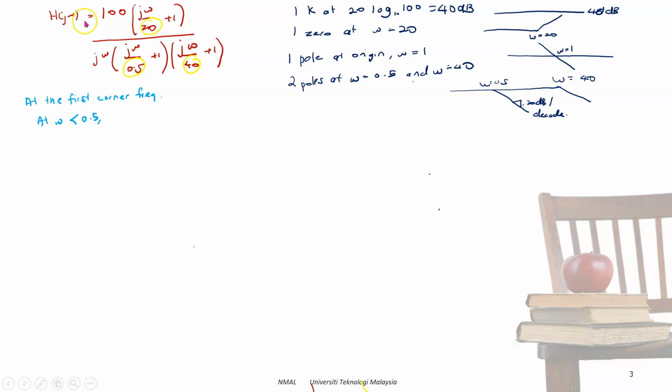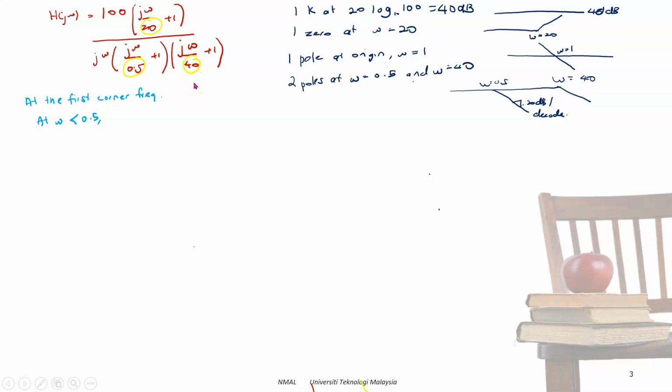Okay, 20 log 100 here, which is the constant, and then because the 20 here is not yet used, we just minus the 20 log j omega. So in other words, at the numerator is all summation, and when we perform the division, when we do the log, we have to minus the denominator here.